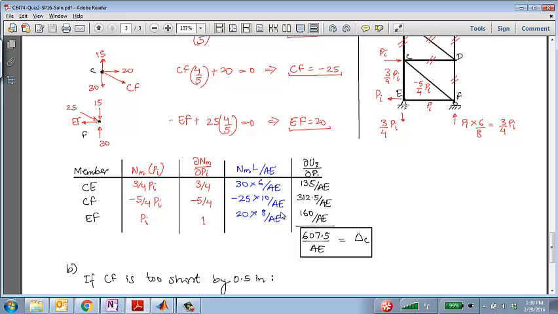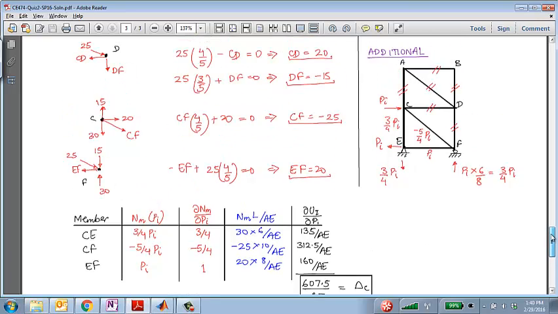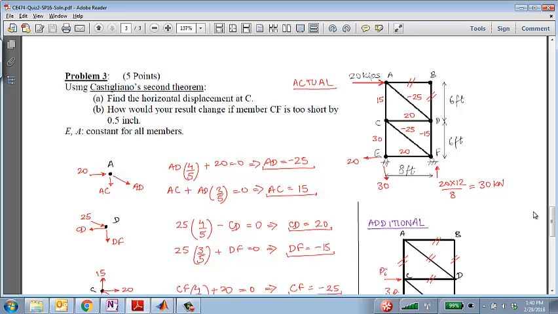You do the real displacements for the actual system, and what you should have gotten was something like this, 607.5 over AE for delta C. The second part, I think some of you did not do correctly.